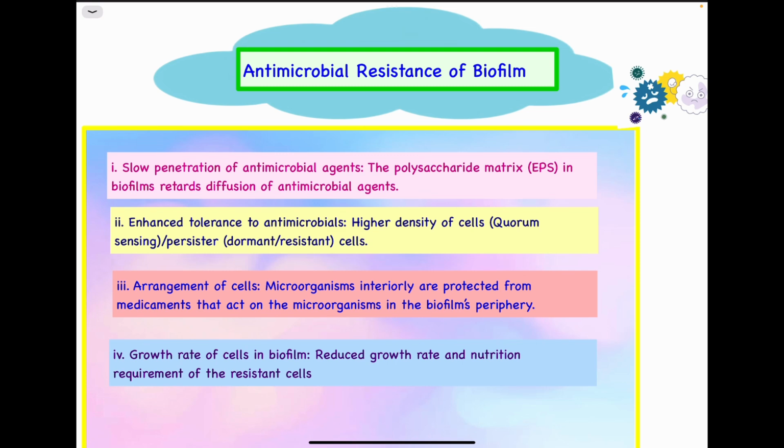There is a reduced growth rate and nutrition requirement of the resistant cells within the biofilm. This is because again there is transfer of genetic material happening. Because of that, the growth rate and nutrition requirement is greatly less for some of the bacteria which are inherently resistant to the medicaments.